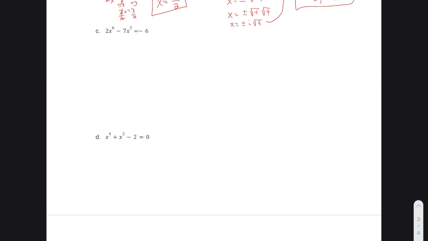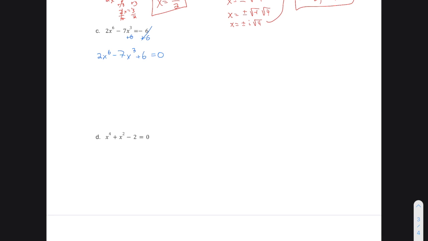When we're solving these polynomial equations, it's generally a good idea to set them equal to 0. The zero product property is going to be our friend. So we're going to add 6 to both sides, and we get a new polynomial function, 2x to the 6th minus 7x cubed plus 6 equals 0.